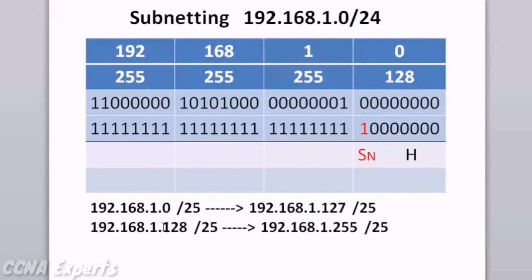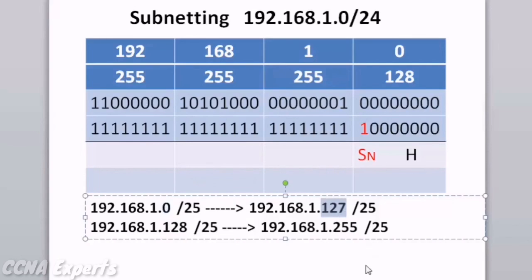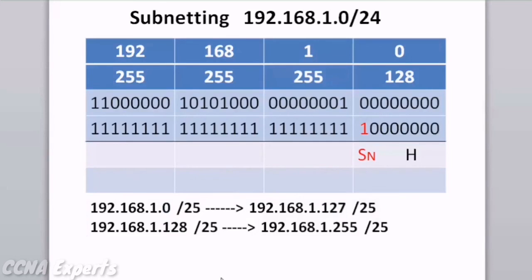The second subnetwork starts at 128, so this is the network address because it's the first address, all the way up to 255, and since this is the last address, this is the broadcast address. In other words, the first address in the subnet is the network address, and the last address in the subnetwork is the broadcast address. This process is called subnetting.